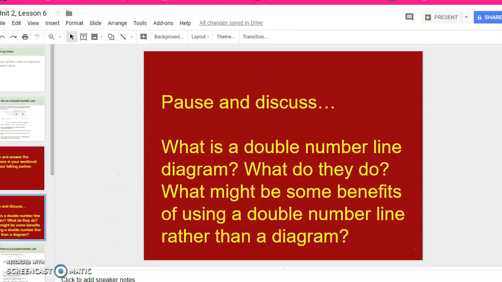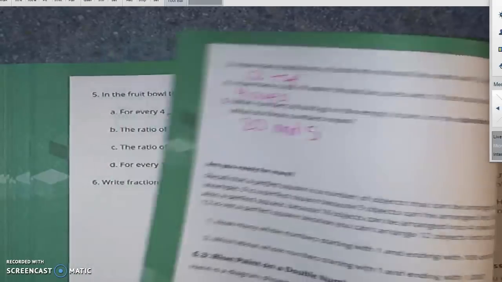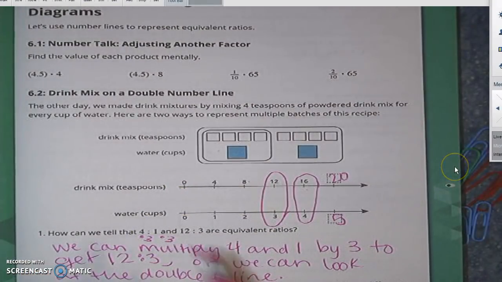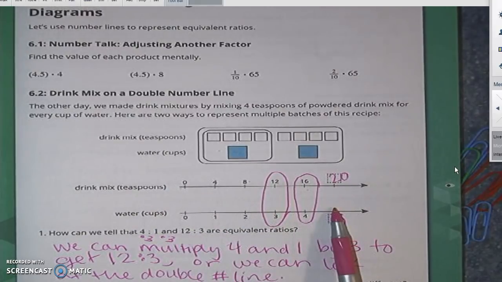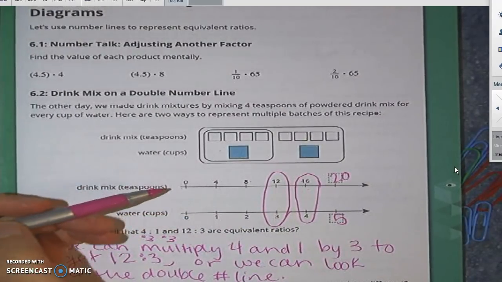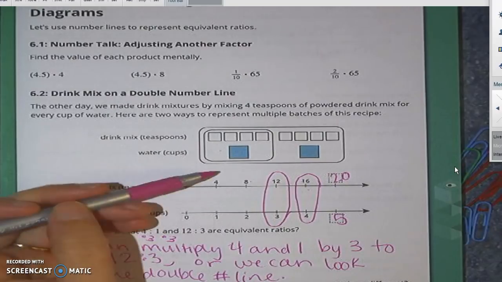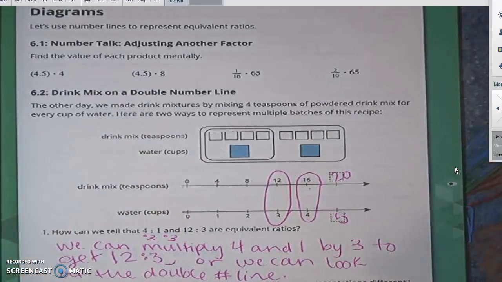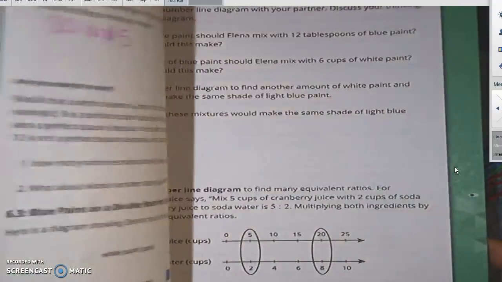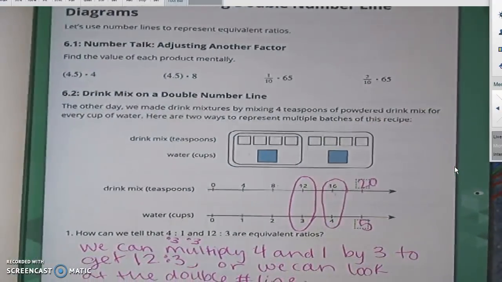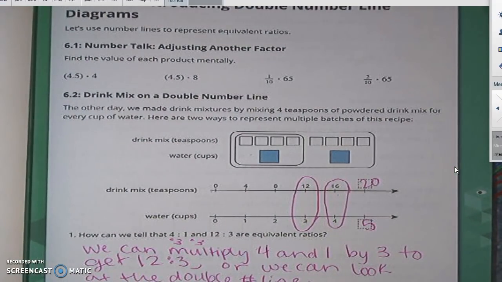Okay, you're back. So a double number line shows our ratio relationship, and it shows those 2 quantities going up at constant rates. What do they do?